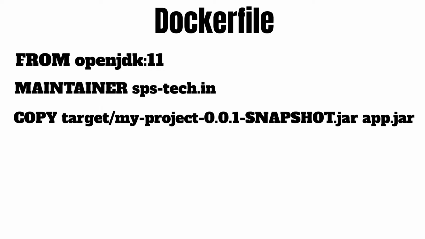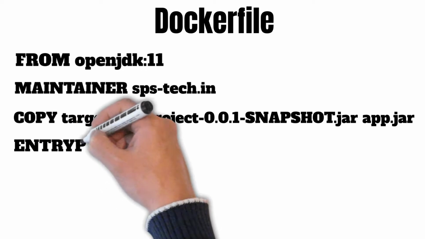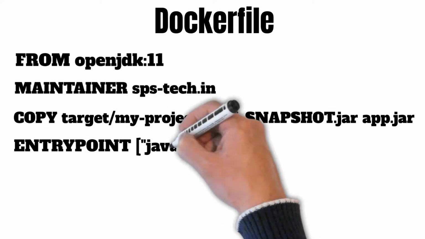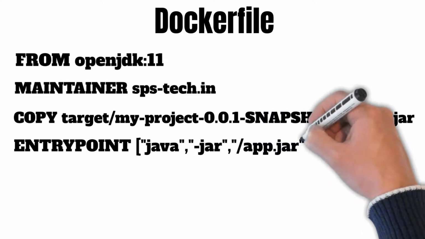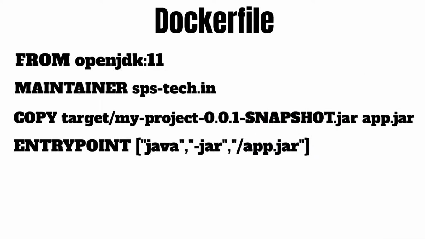In the next line, we specify the command that needs to be executed for this container. So java -jar with app.jar as the jar name will be executed when the container starts. This is specified using the ENTRYPOINT command, and this command also doesn't introduce any additional layers. It just adds some metadata. These are the only four instructions that need to be in our Dockerfile.